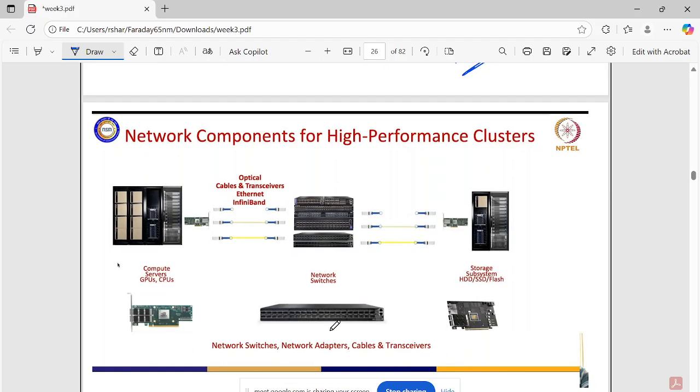Network components for high performance clusters. So why do we need networking? We need networking because we have a large enough job which cannot fit into a single compute unit. So we need to distribute it among multiple compute units, and therefore we need multiple compute elements, and some sort of interconnection is required to connect each element with another.